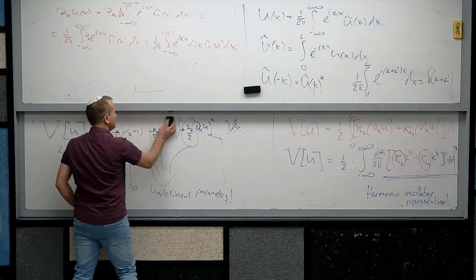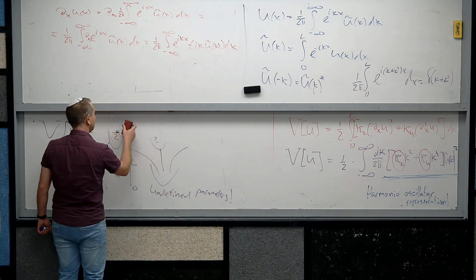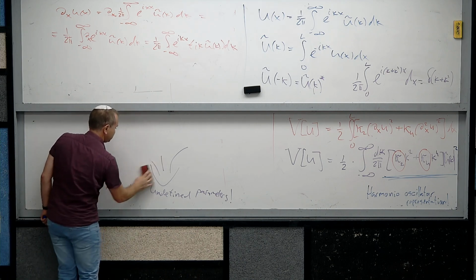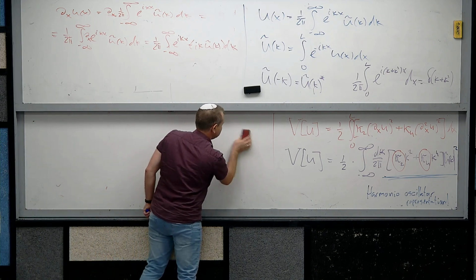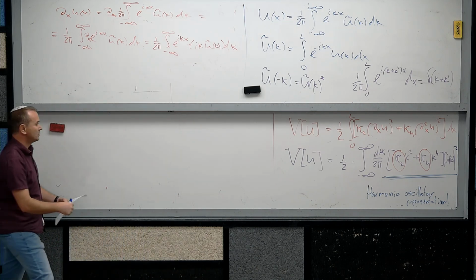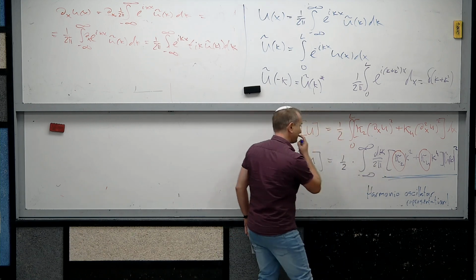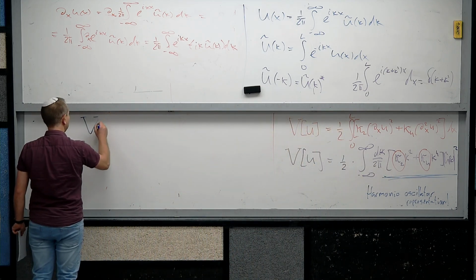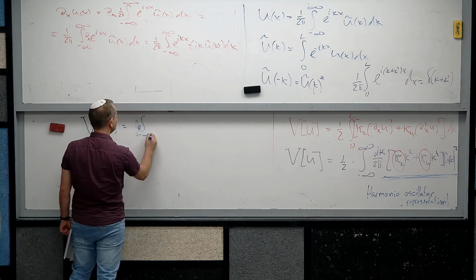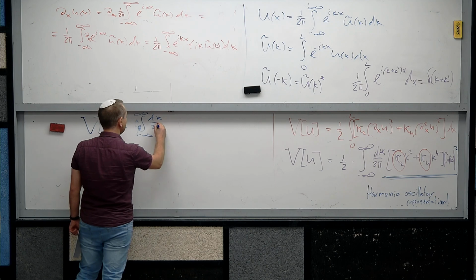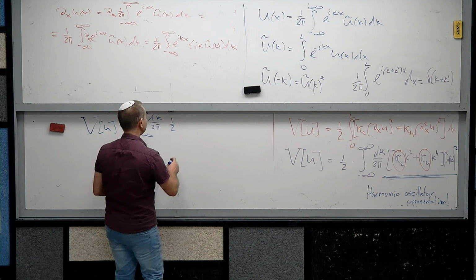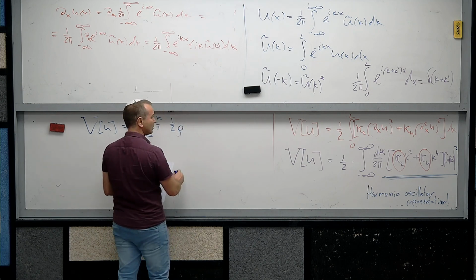Right, so if I have a mass density of rho, I can write it down. V of u equals 1/2 integral from minus infinity to infinity dk divided by 2 pi, and here I have 1/2 divided by rho.